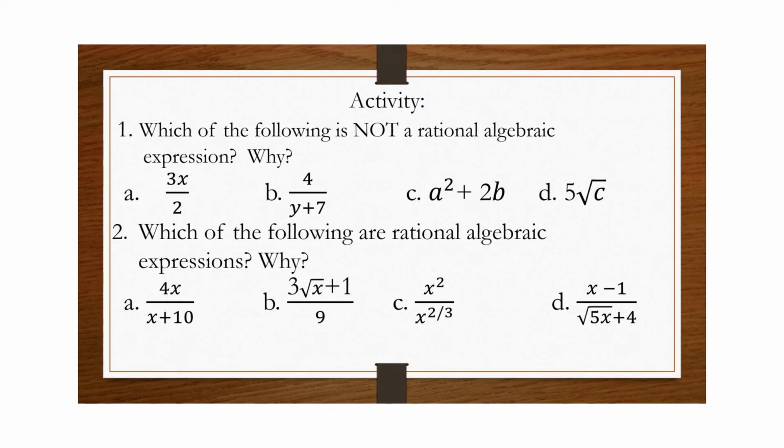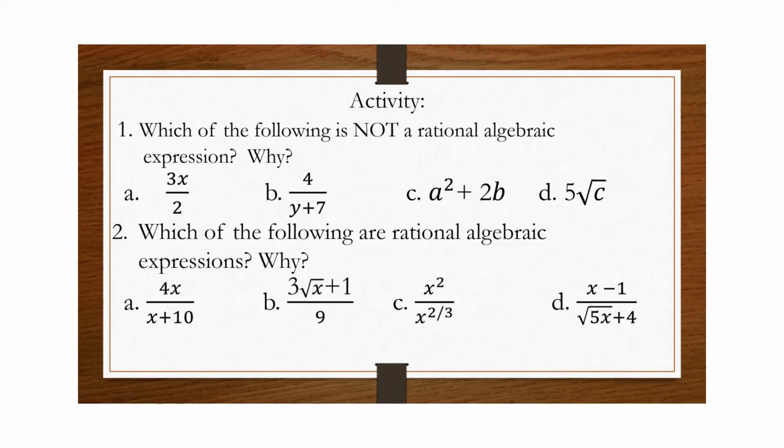Okay, number 2. Which of the following are rational algebraic expressions, and why? Very good. The answer is letter A. It's 4x over x plus 10. All the rest are not rational algebraic expressions.